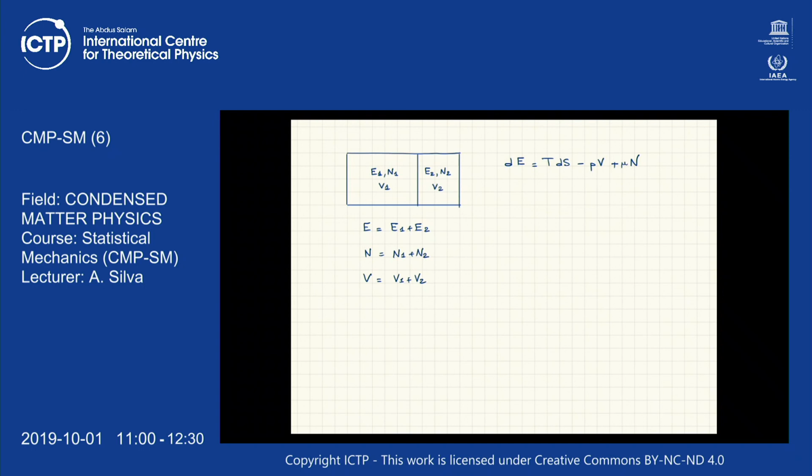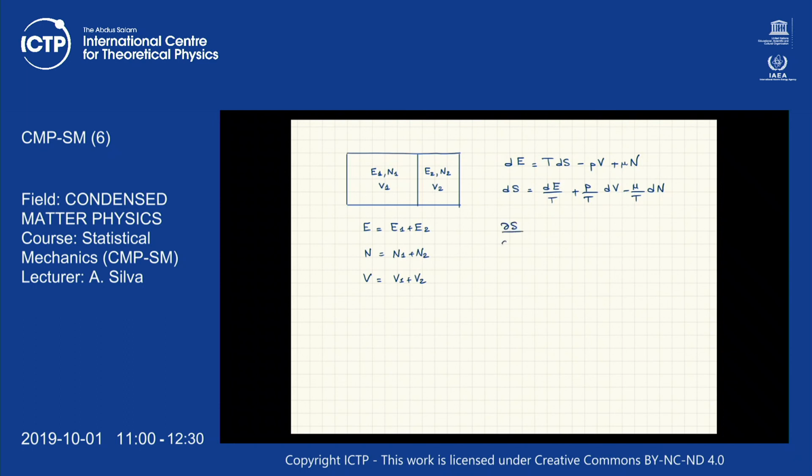So now, dS is going to be equal to dE over T plus P over T dV minus mu over T dN. You see now, what? It's okay.